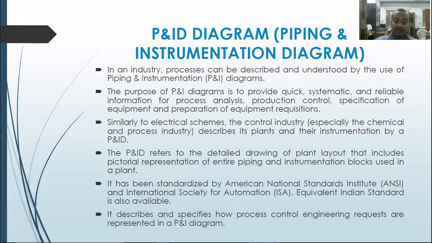They standardized each and every symbol used for the P&ID diagram, not only the instruments but also the signals. The electrical signal is standardized, the hydraulic signal is standardized, the pneumatic signal is standardized. And in India, we also have the equivalent Indian standard available.